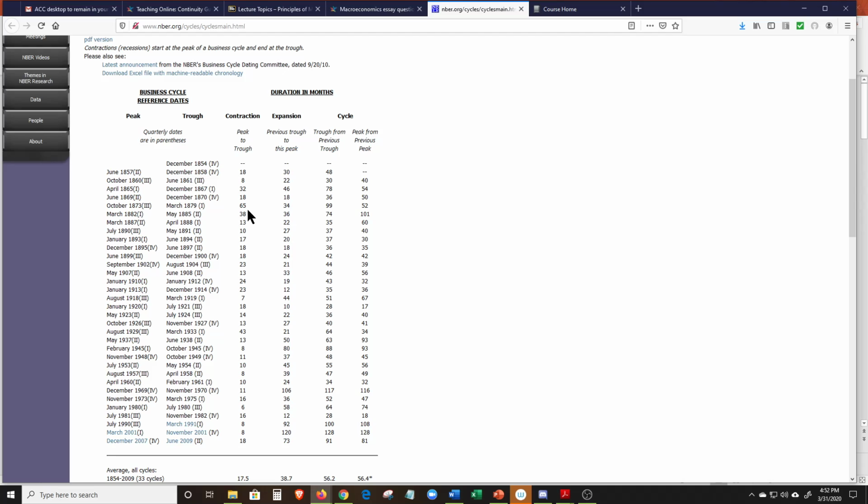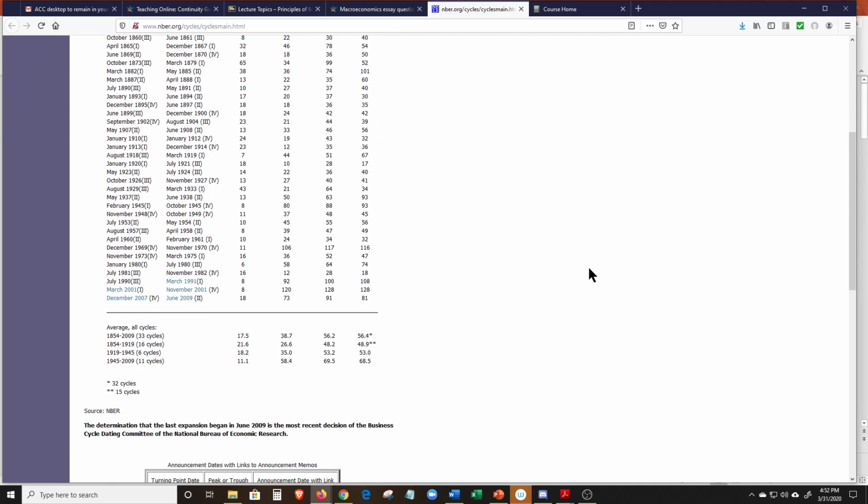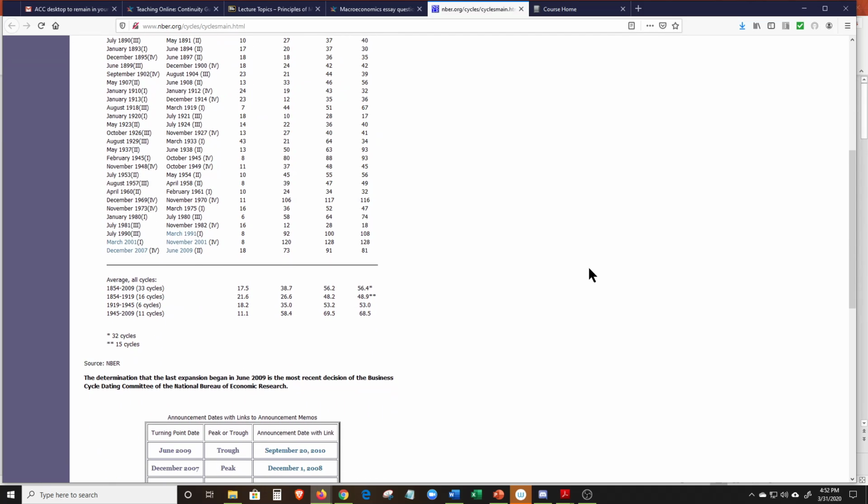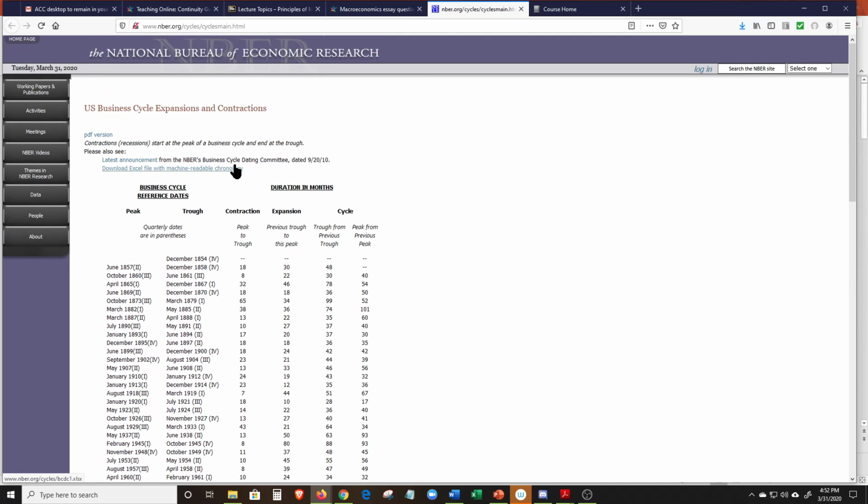So the four parts, as I've said it, are peak, contraction, trough, expansion. And as we'll see in the PowerPoint, our textbook does it a little differently. They add a fifth element in the business cycle. But basically, business cycles are based upon the growth or contraction of real GDP.